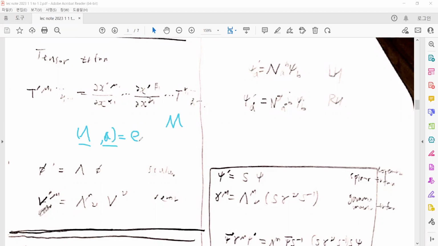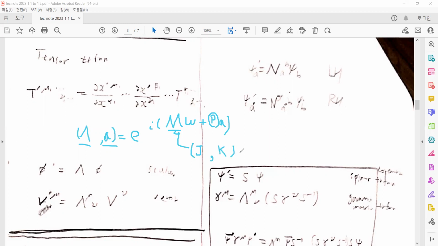It can be represented as the exponential of i times the generator M with antisymmetric infinitesimal parameters omega, and there is the momentum operator to express the space-time translation.